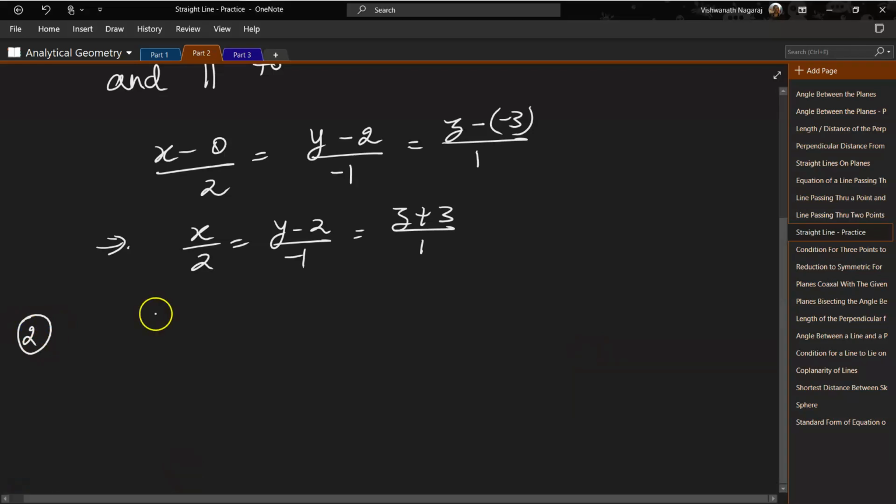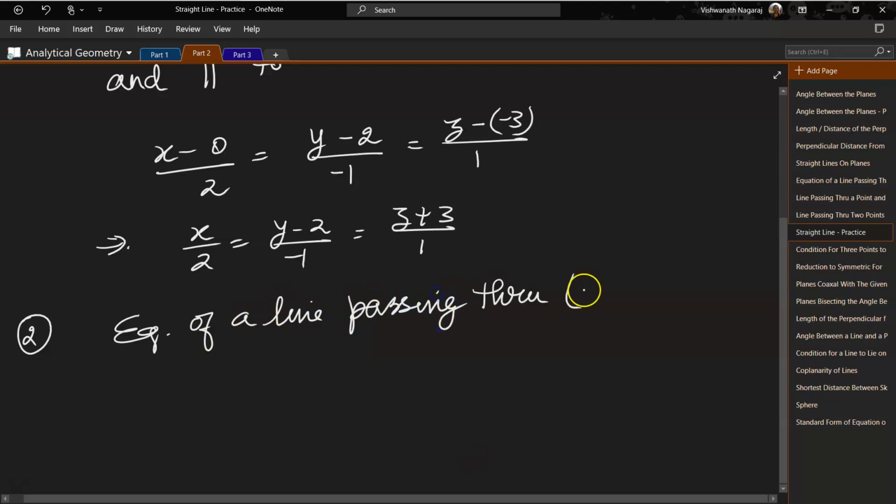Again, we have been given a point. Let me write it as a question itself. Find the equation of a line passing through 1, 2, minus 1 and perpendicular to x by 1 equal to y by 0 is equal to z by minus 1.